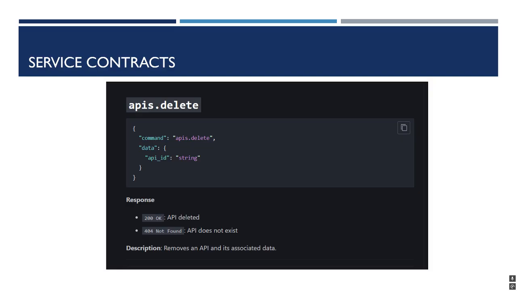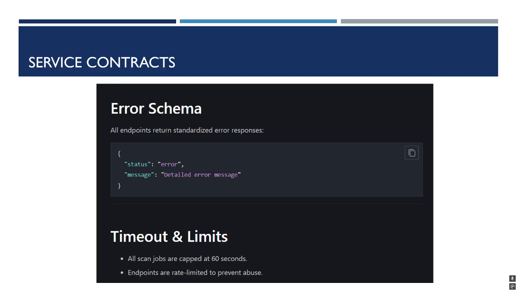If not, it will send back a 404. Then the error schema is used to prevent jobs from scanning too long, so we have a 60-second barrier, and also a rate limit to prevent abuse on the requests made per customer or client.